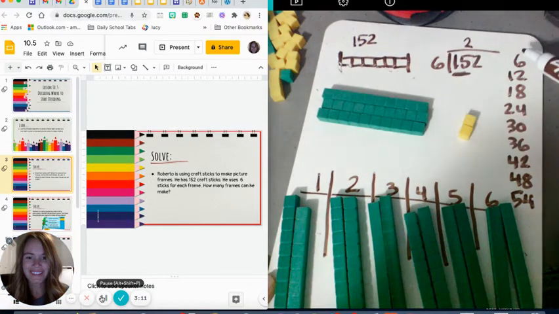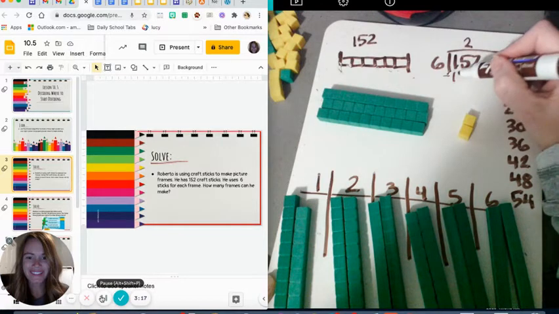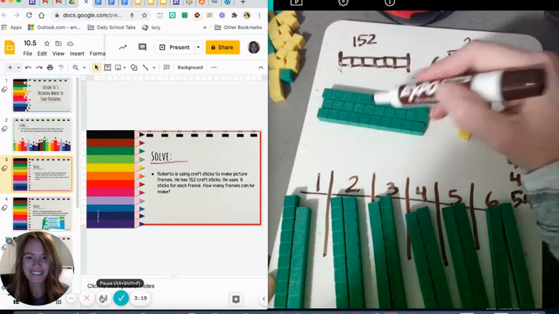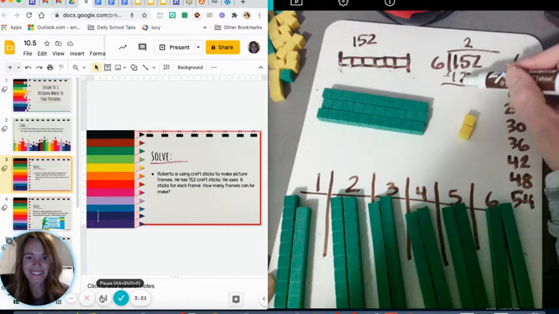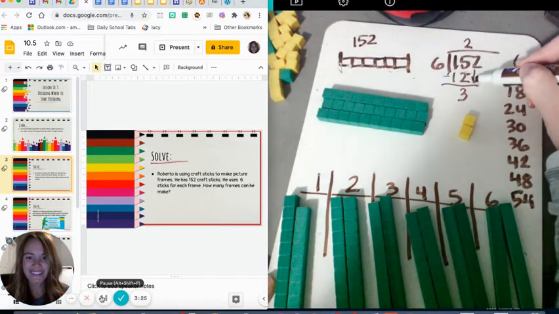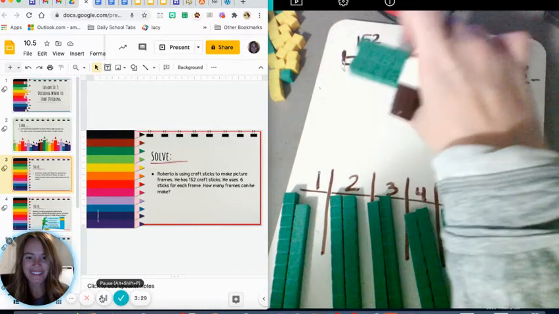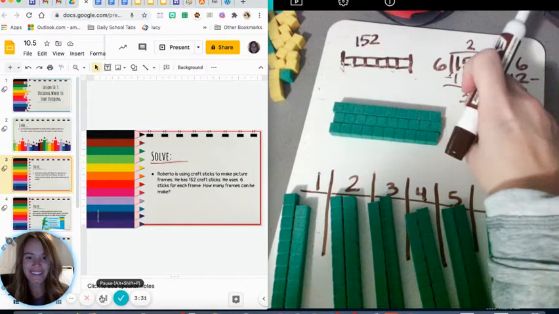Each group got 2, which means I used 2, 4, 6, 8, 10, 12 of them. So I can subtract away 12 tens, which left me with 1, 2, 3. So 15 minus 12 equals 3 tens. And then I'm going to bring down that 2, and I have 3 tens and 2 ones left.